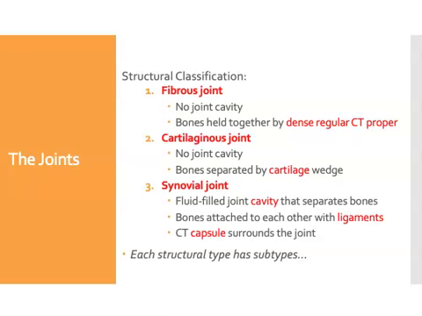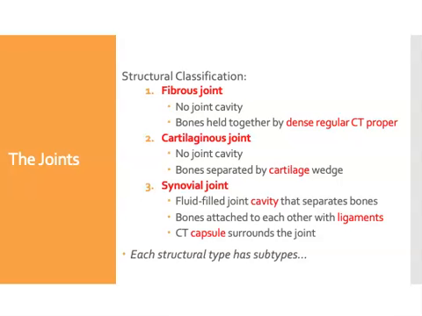Synovial joints are the joints that do have a joint cavity, and that joint cavity is filled with a fluid called synovium. The bones in a synovial joint are separated from each other, so they have to be attached to each other with ligaments.